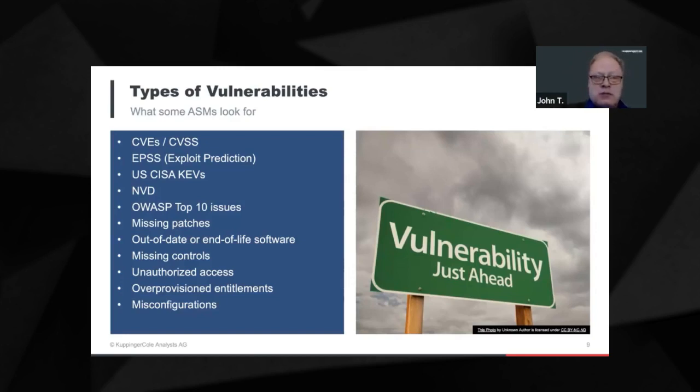Many organizations are running, maybe even without their knowledge, out of date or end of life software. They may have missing controls. You may find, again on the identity side, unauthorized access is possible, or over provisioned entitlements, and then misconfigurations. And this can be things like not sufficiently hardening the machines or services that are exposed.